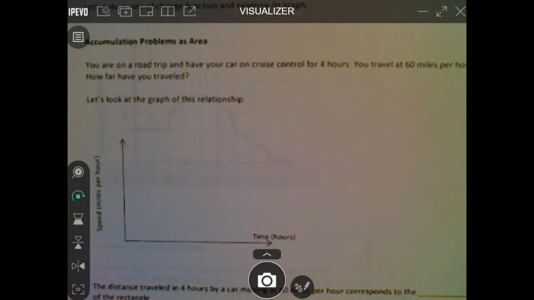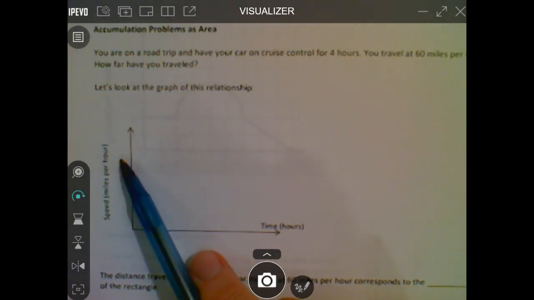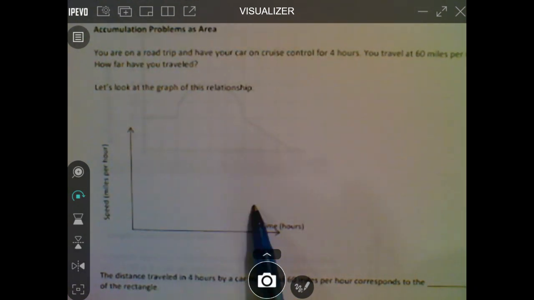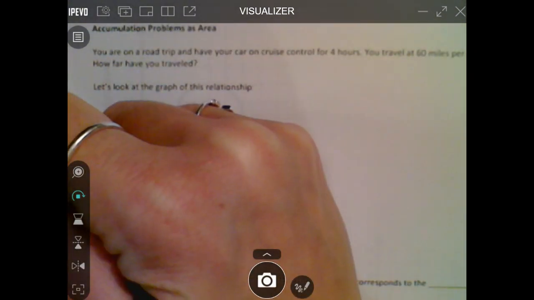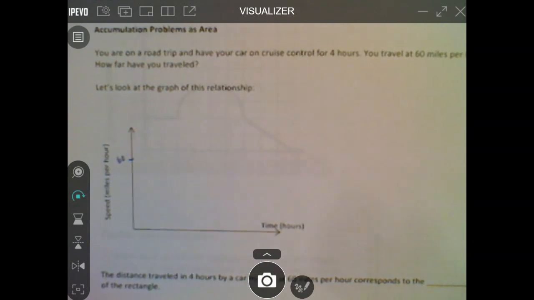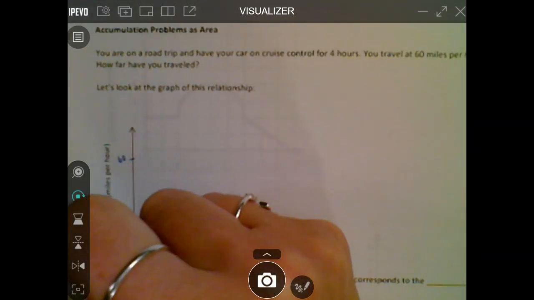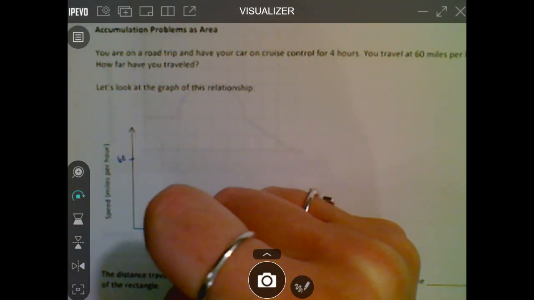Well, if we think about what the graph of this looks like, I've got my axes labeled with the y-axis as speed in miles per hour, and the x-axis as time in hours. So we know that our speed is 60 miles per hour, and we know that we're traveling over a time period of 4 hours.